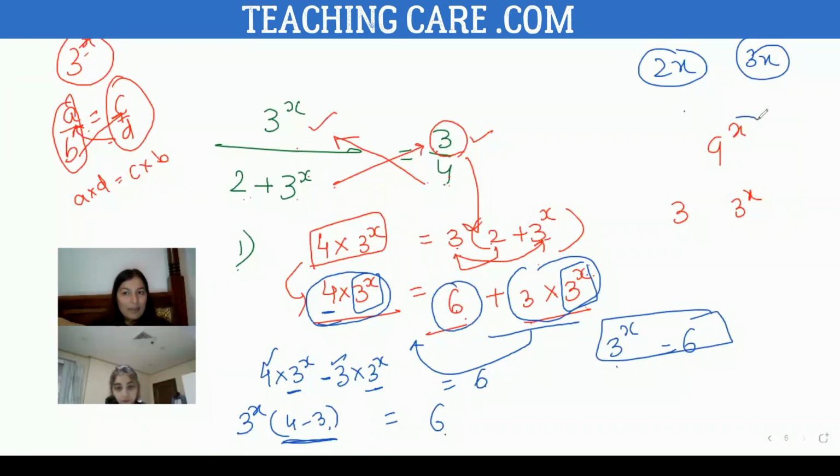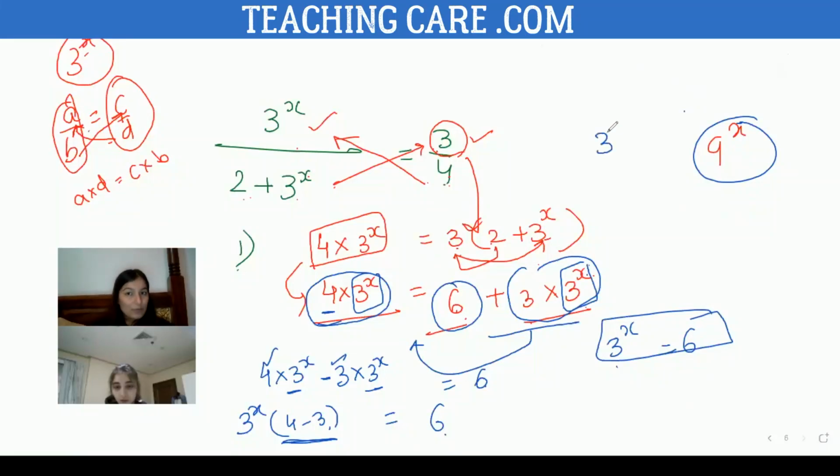Now we need to find 9 raised to power x. Tell me. 6 times 3? No, we cannot bifurcate it. Can we write 9 as square of 3? And the power is already x. So I have substituted 9 as 3 square.